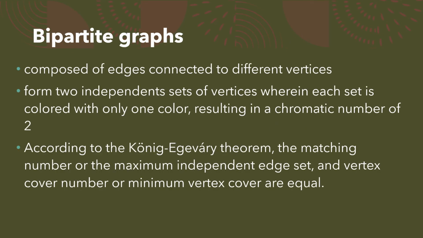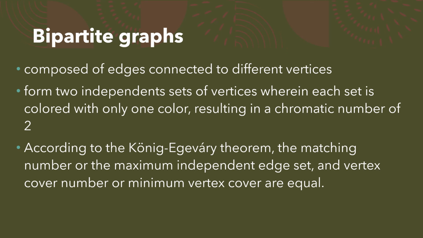The previous sample problem is an example of a bipartite graph, which is a graph whose edges are connected to different vertices, forming two independent sets of vertices with each set colored using only one color, resulting in a chromatic number of 2.